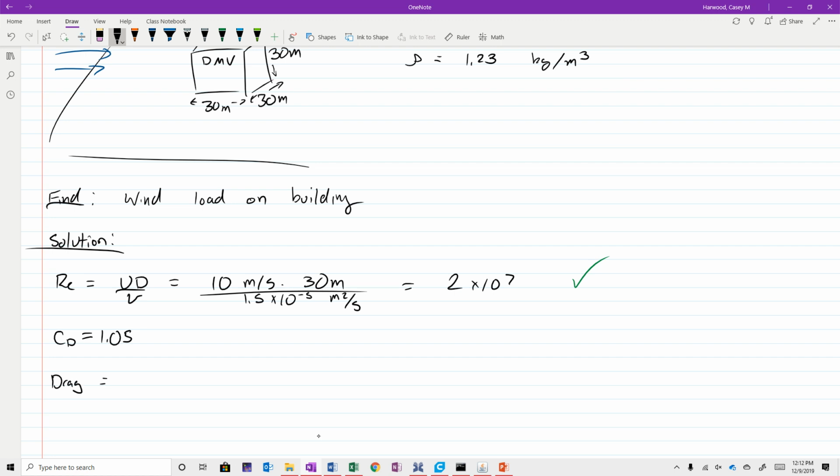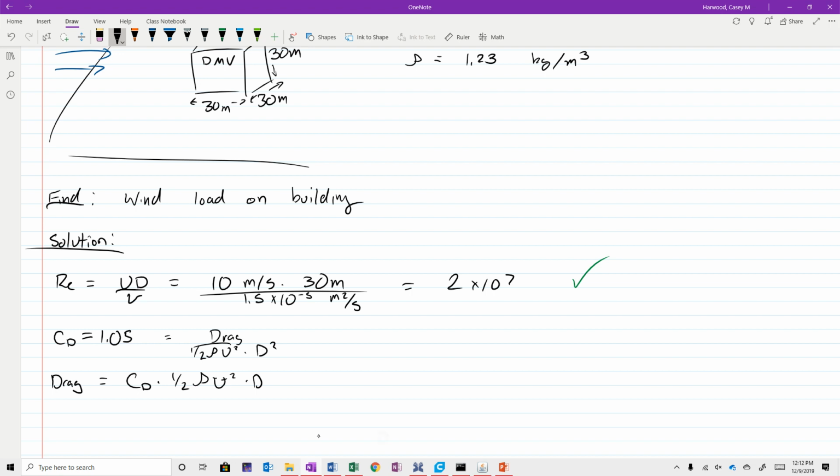So then the drag is going to be equal to, well, we'll say, drag over 1/2 rho u squared times d squared. So we can find the drag then as C_D times 1/2 rho u squared times d squared. Well, confusing my d's.